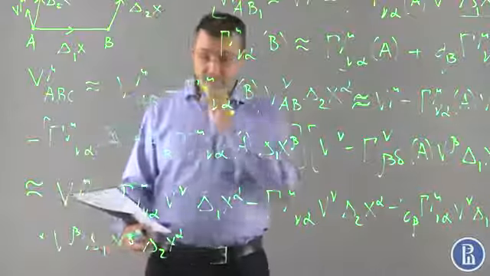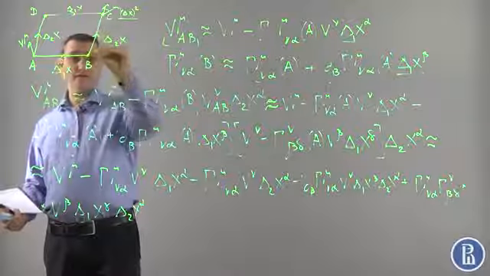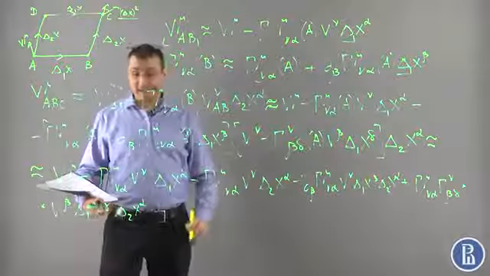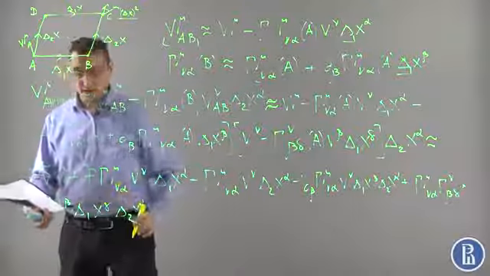So this is the expression for the vector v after parallel transport along this line. Similarly, one can write the expression for the parallel transport along this line.